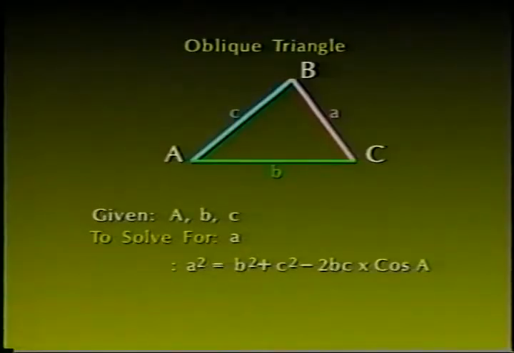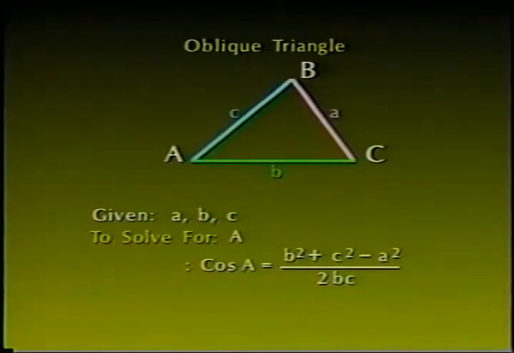The next solution occurs when angle A, side B, and side C are given, as shown in this graphic. The equation takes this form to solve for A squared equals B squared plus C squared minus 2BC times cosine A. The last general equation for oblique triangles is for solving for angle A when only the three sides of the triangle are given.